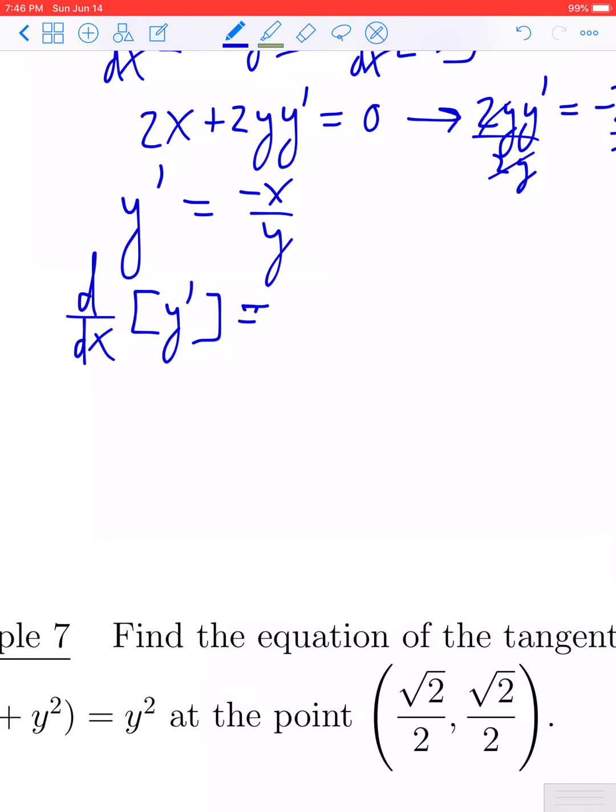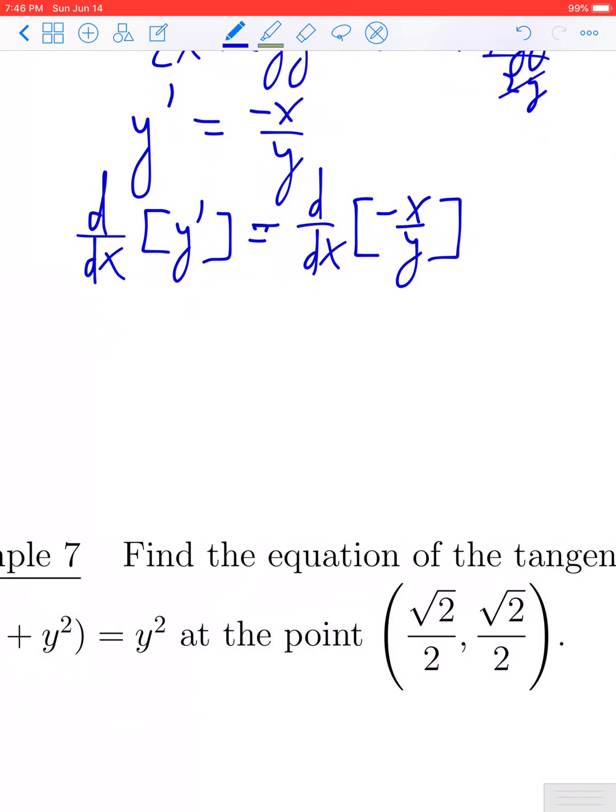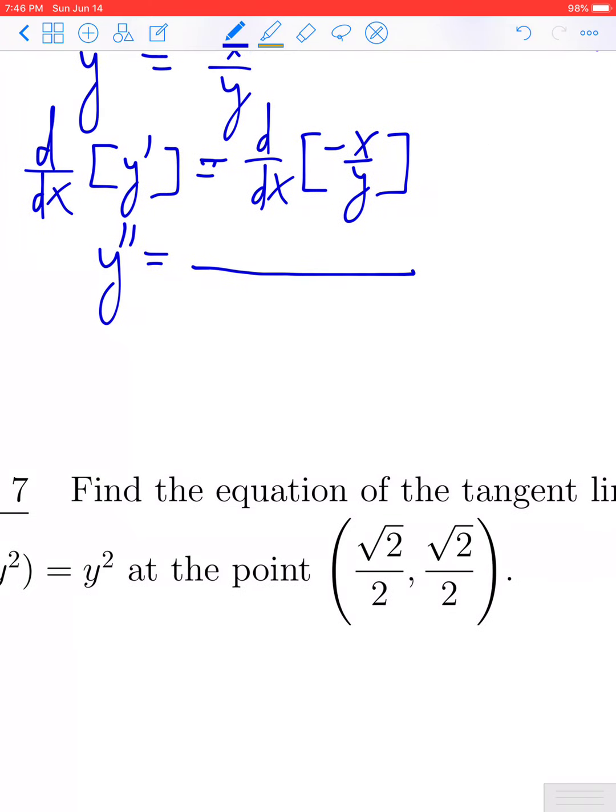If my iPad wants to cooperate. There we go. On the left-hand side, the derivative of the first derivative, well, that is the second derivative. Now, on the right-hand side, we're trying to take the derivative with respect to x of negative x divided by y. That's a quotient, so we need to use the quotient rule.